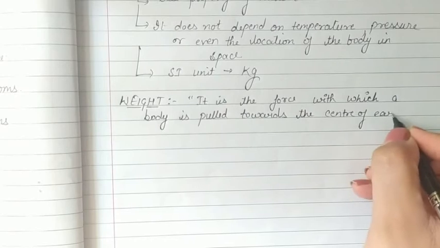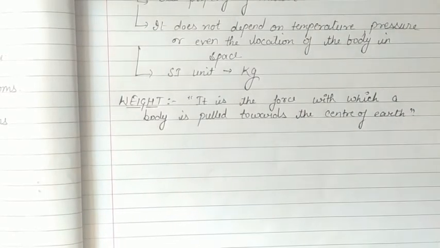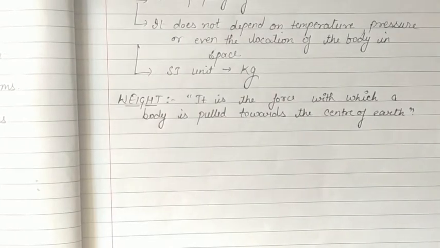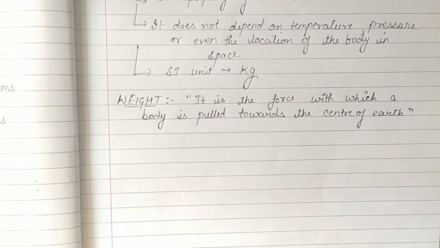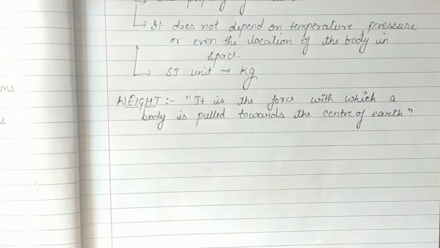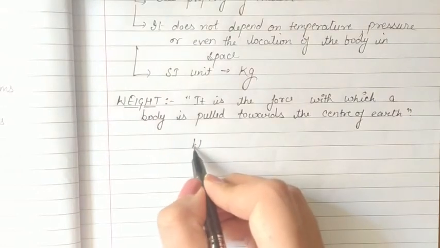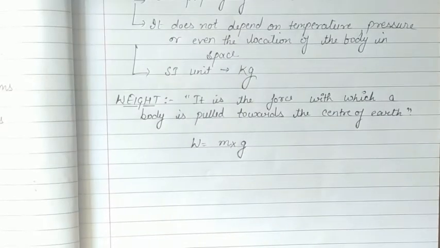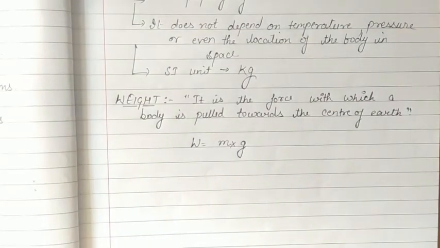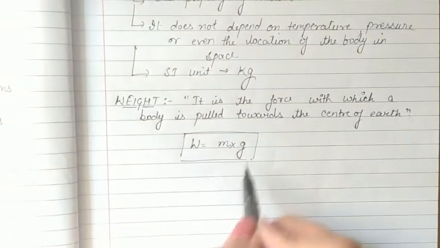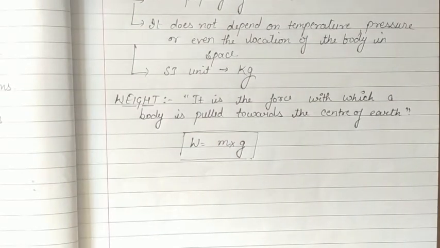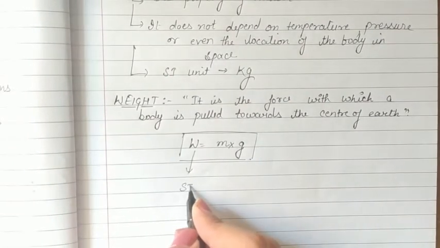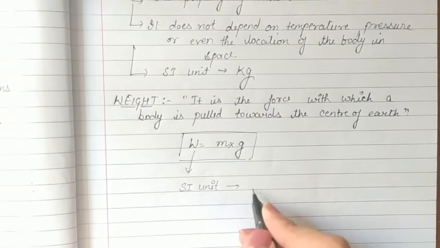Now this is because of the earth's gravitational field, and it is equal to the product of mass of that body and the acceleration due to gravity. As we know that force is equal to mass into acceleration, so in this case weight is equal to mass of the object into acceleration due to gravity of the earth on that body. So we can write W = mg. The SI unit of weight is Newton, since it is a kind of force, so SI unit of weight is newtons.